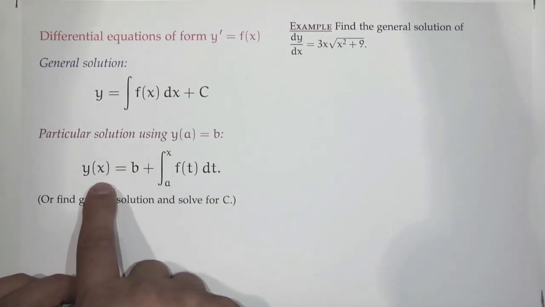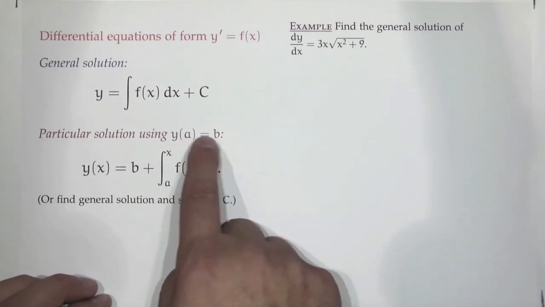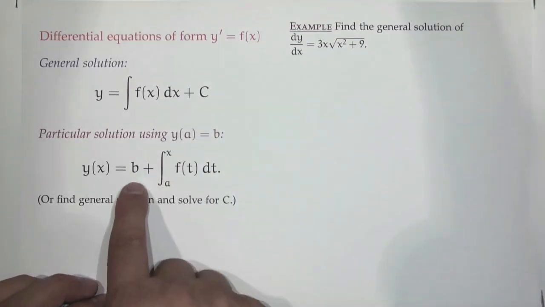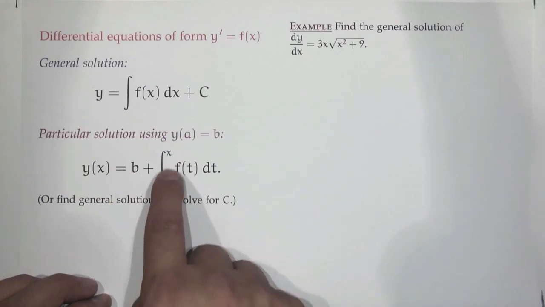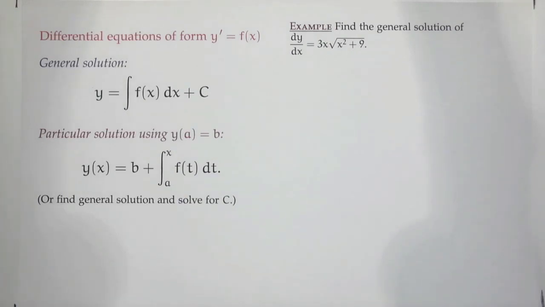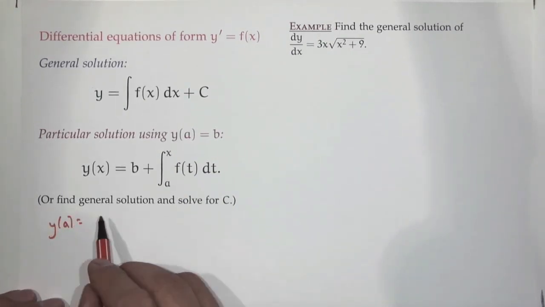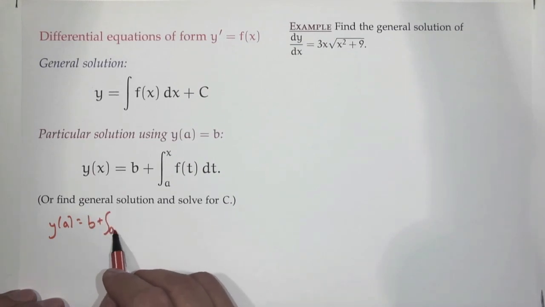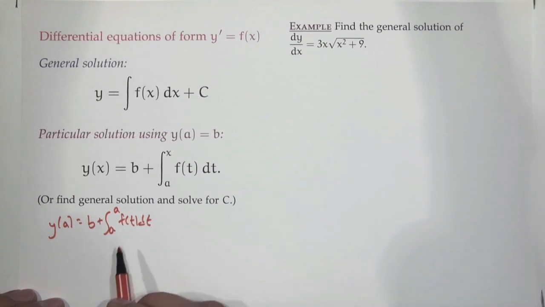Well, let's actually verify. All right, what happens if you plug in x equals a? If you plug x equal a into here, you have b plus the integral from a to a of f of t dt. So, does anybody remember what is the integral from a to a of f of t dt? 0.